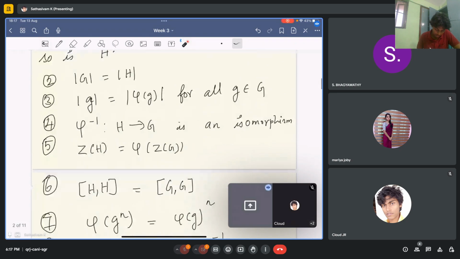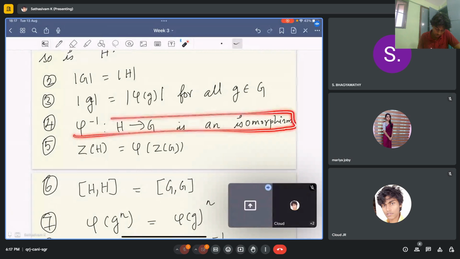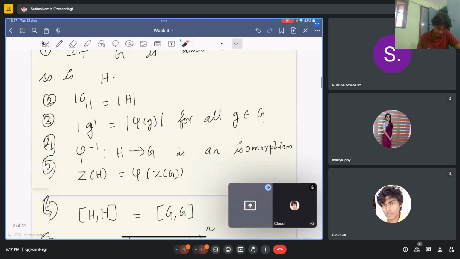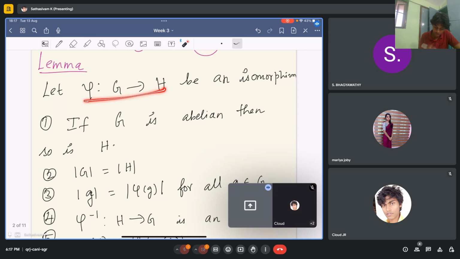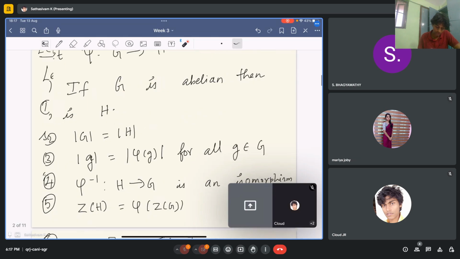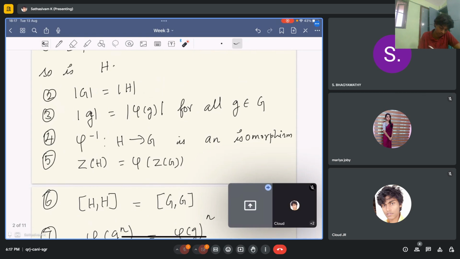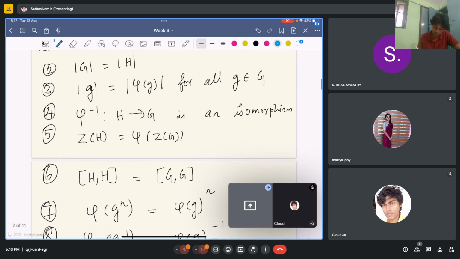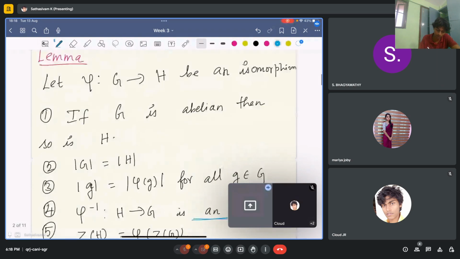So there is a remark I want to make that this is true for groups: if phi is an isomorphism, the inverse is also an isomorphism, but in general it is not true. For example, for topological spaces, this is not true. I mean, if you know what a topological space is, then it's just a remark I want to make. If you don't know, you don't have to worry about it. Okay. So in that sense, it is actually an interesting property for groups. Once you prove that phi is an isomorphism, the inverse by itself becomes an isomorphism. In general, that is not true.